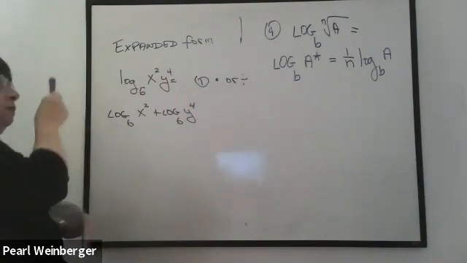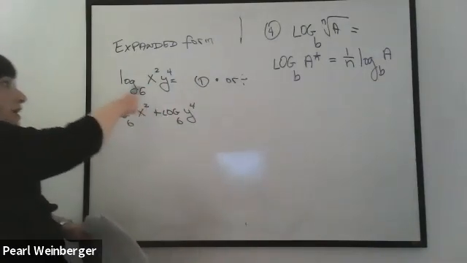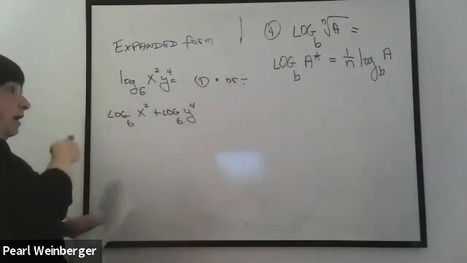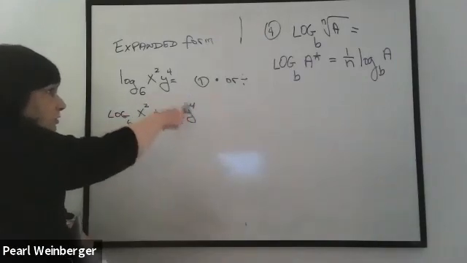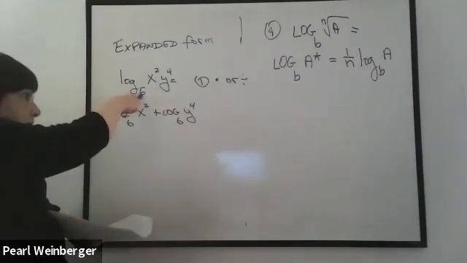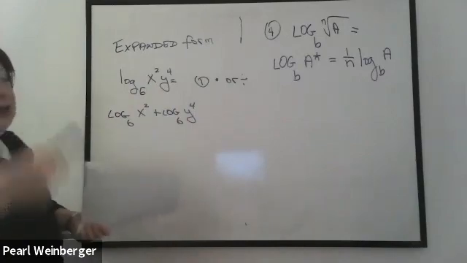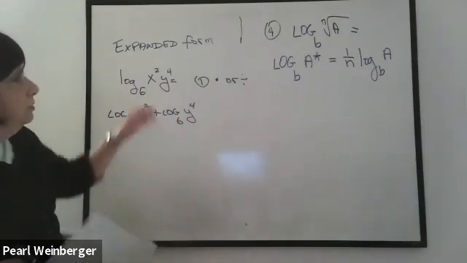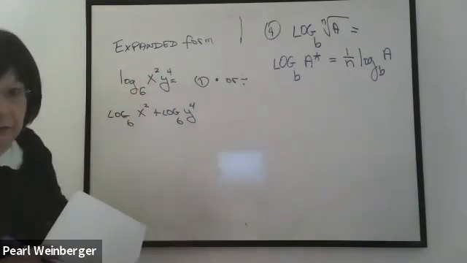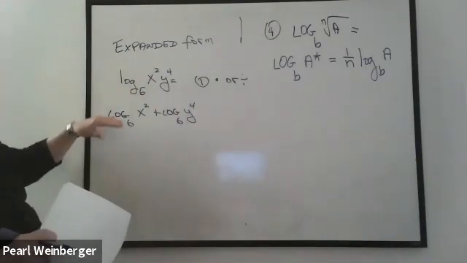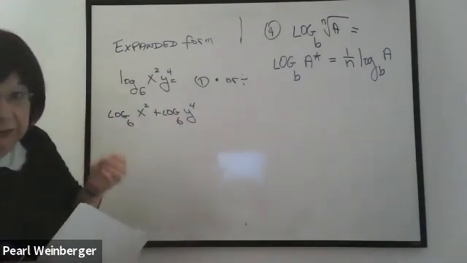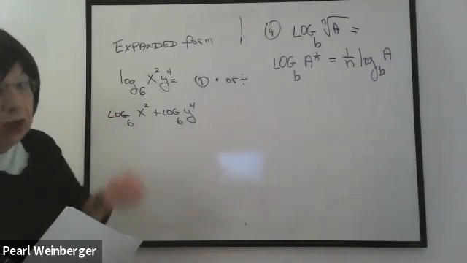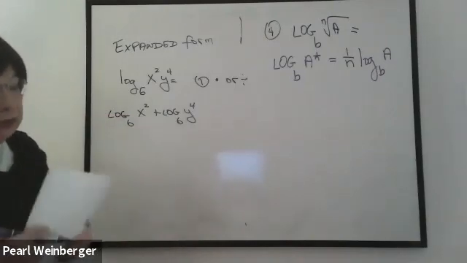The logs, remember, are these exponents. If I take the exponent of the x squared and the exponent of the y to the 4th in base 6, I'd have to add them because I'm multiplying the numbers. Notice I'm putting the word log in front of each, because I'm telling you this is what I'm doing to their exponents.